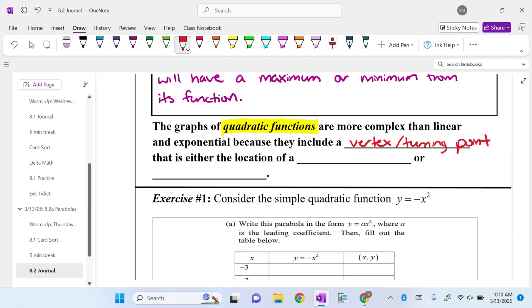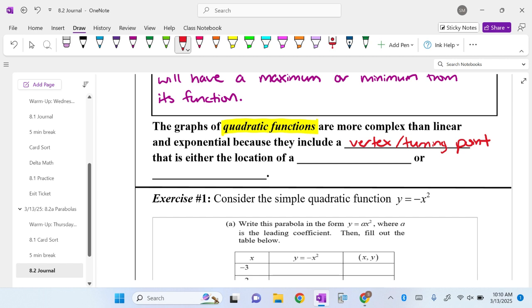Because if you think about it, with linear and exponential graphs, specifically in terms of their intervals of increase and decrease, linear graphs and exponential graphs only have one or the other. They're either increasing or they're decreasing. There's no in between. But quadratic graphs, as we've already learned yesterday, they do both.